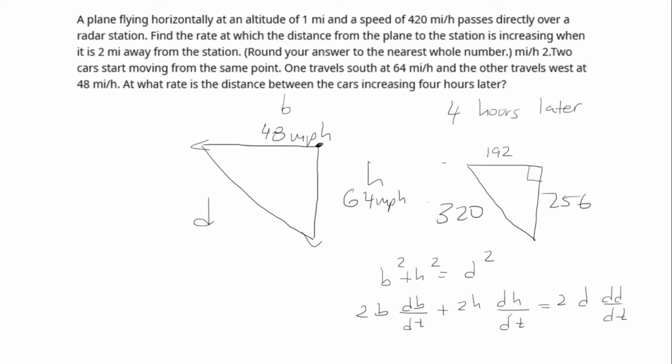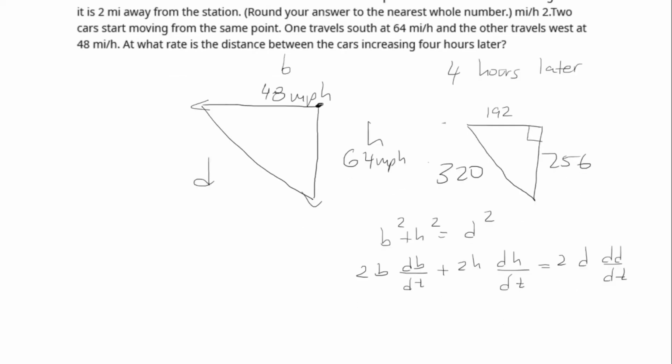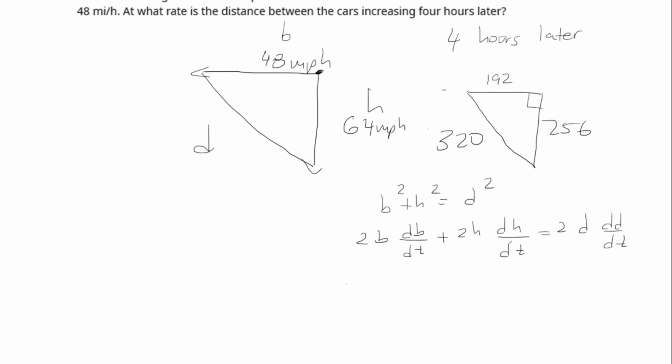So now we just plug in. Okay, so b is 192, and then the rate at which b is moving is 48 miles per hour. h is 256, and it's moving at 64 miles per hour. d, we said, is 320.